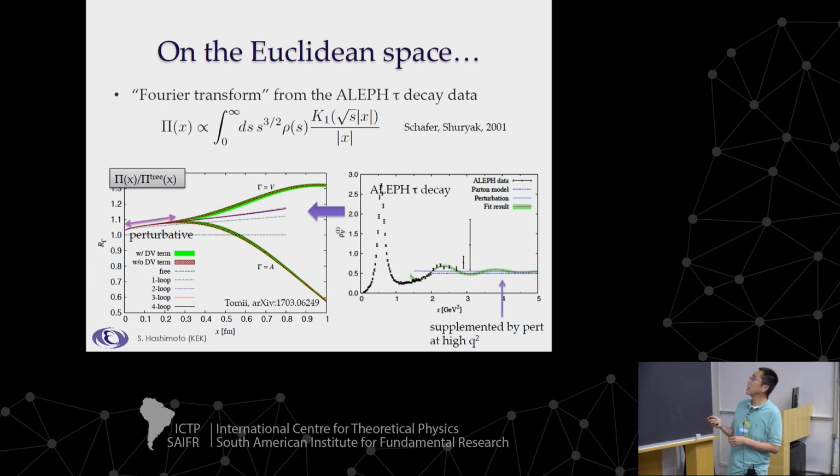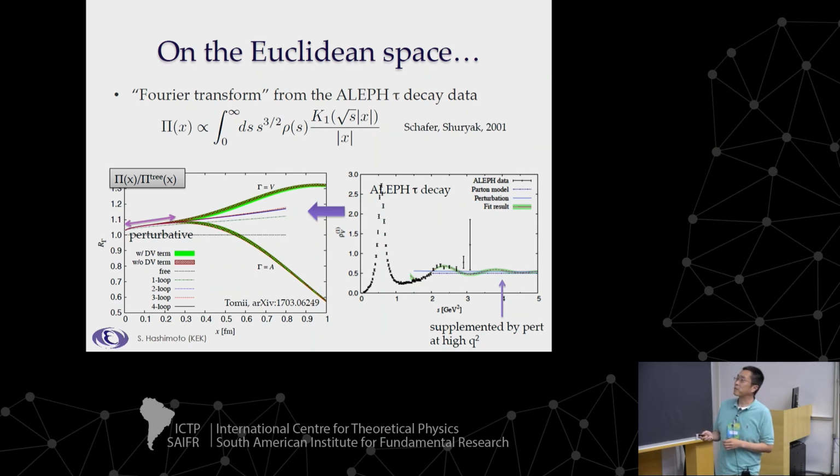So I have to use some sort of perturbation theory to supplement the data above some point. And we know that there is potential duality violation contribution, so I assume that. And the difference is actually very small when we move on to the coordinate space. That is the now famous exponentially suppressed duality violation effect in the Euclidean space. So that is a difference. The hatched curve and the green curve, those are almost the same.